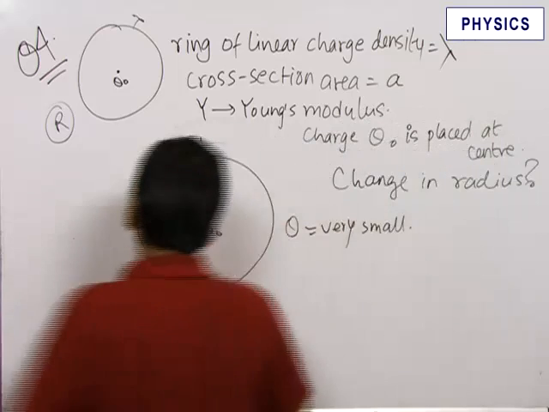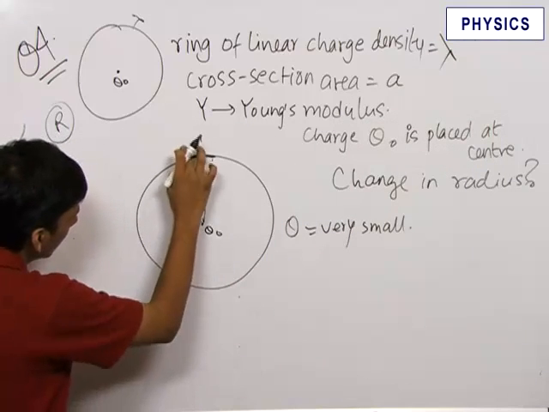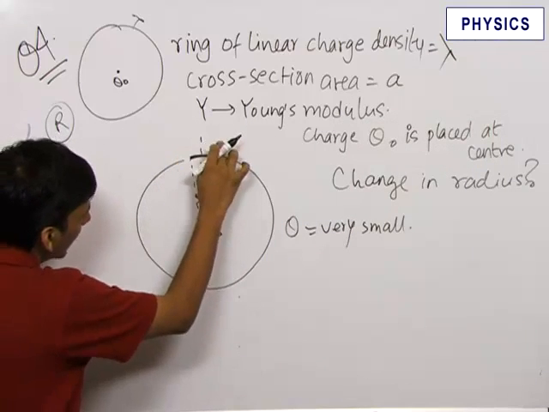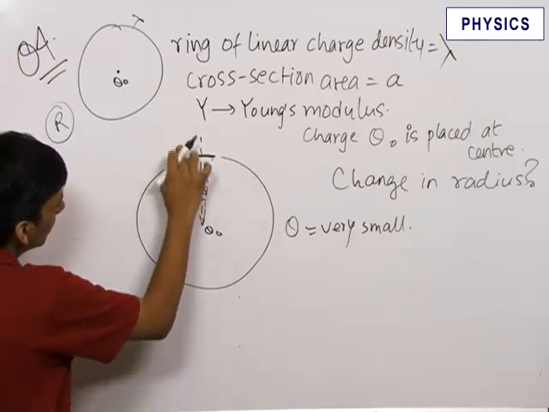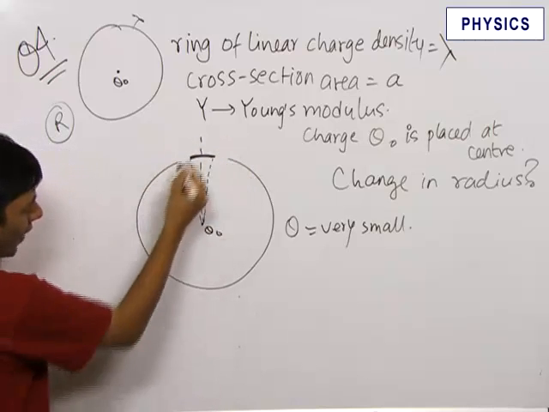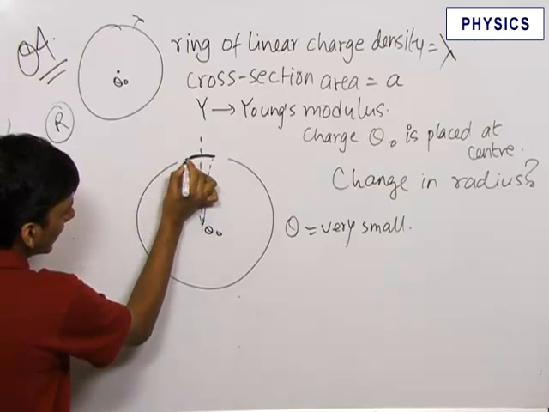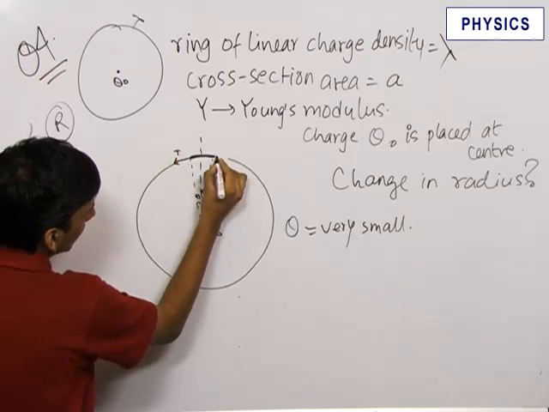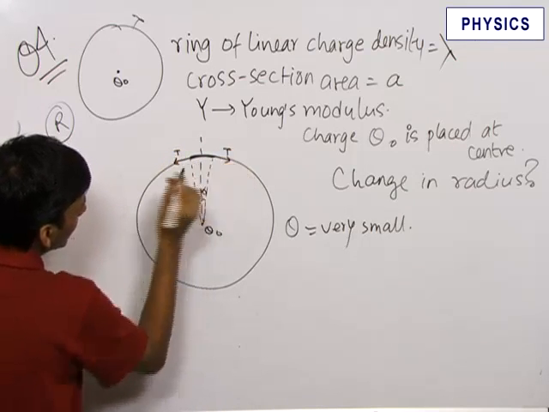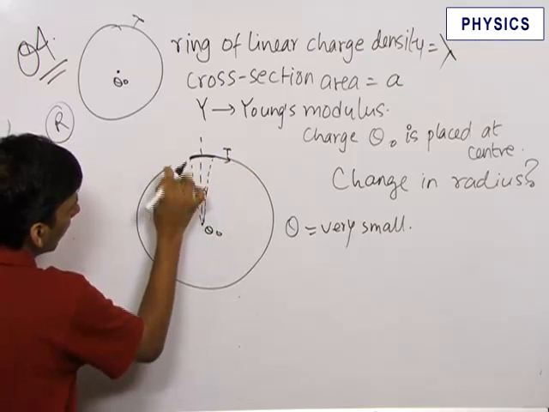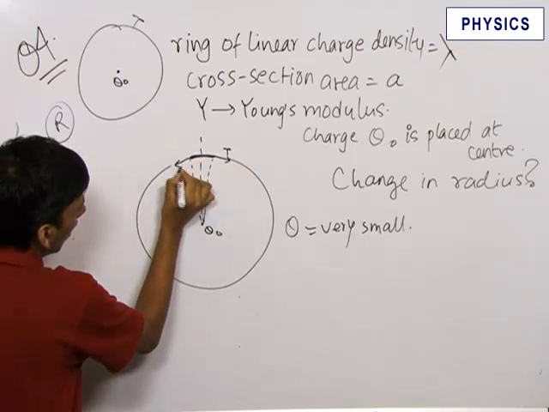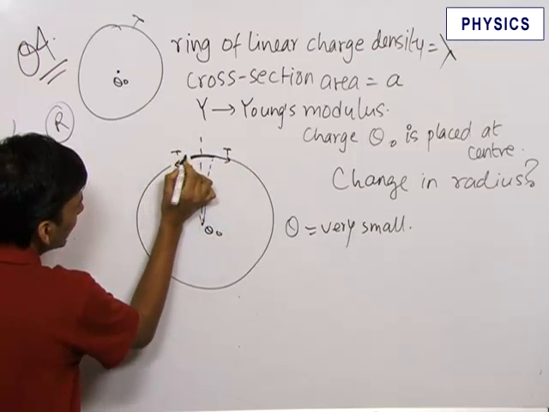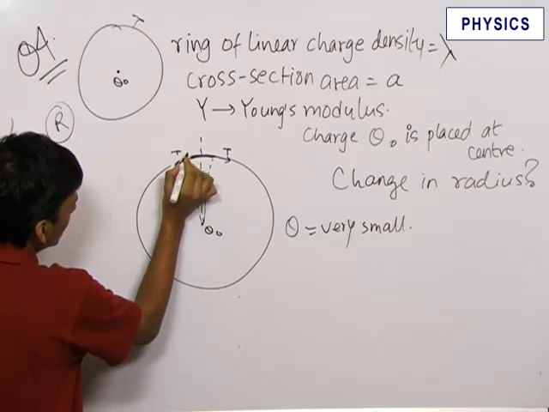Now for finding out the tension, what we do is that we cut this portion of the wire to find out the tension here. The tension here will be in this direction, and here it will be in this direction. The tension in the whole ring will be the same by symmetry, as there is no bias.